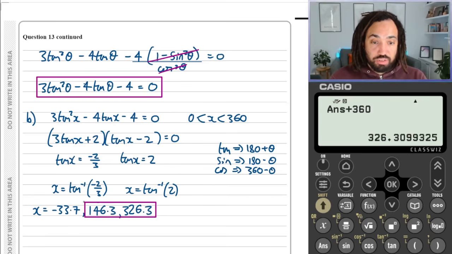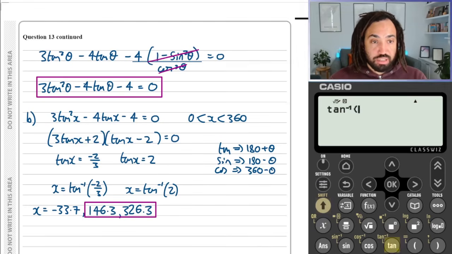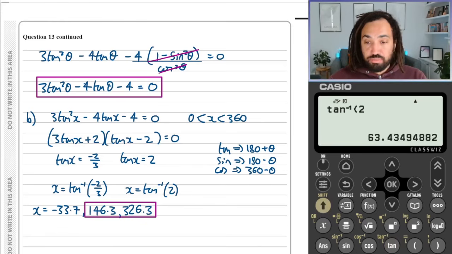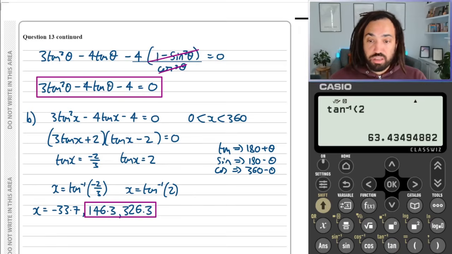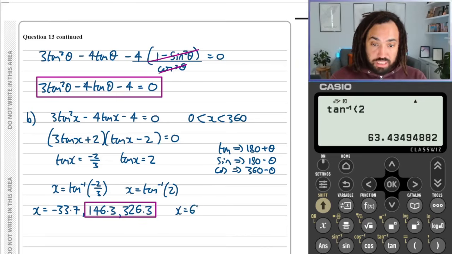And now we can move on to that second equation, which is that tan x equals 2. So we can go to our calculator and do tan to the minus 1 of 2, and we get 63.4. So we'll write that one down. So x is also equal to 63.4. All of these are degrees, of course.